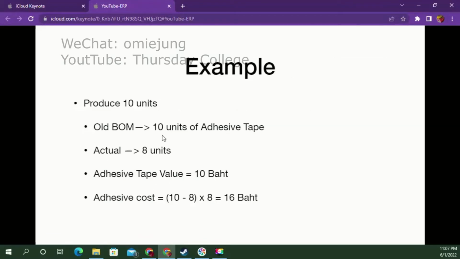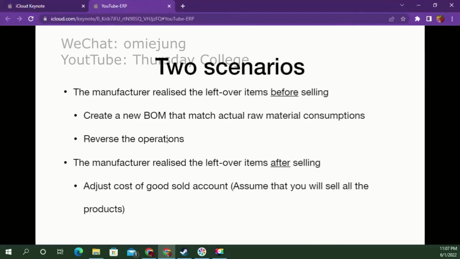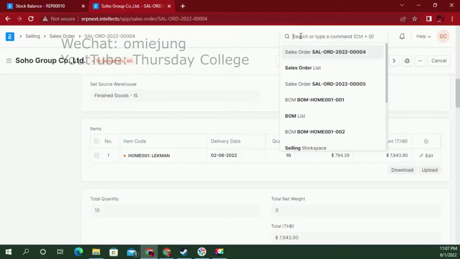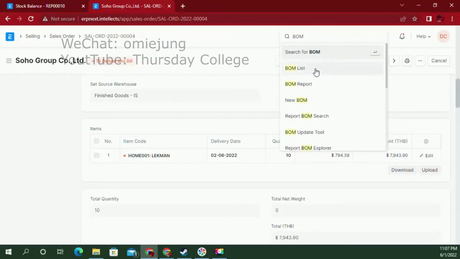When you have product left over, I told you the first case study: if you know it before, you create a new BOM and then you reverse the operation. In our case study I have the BOMs already.